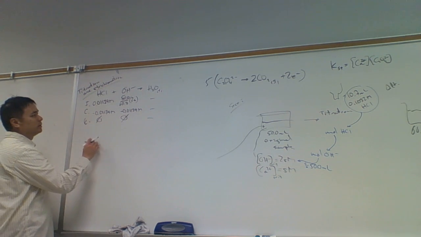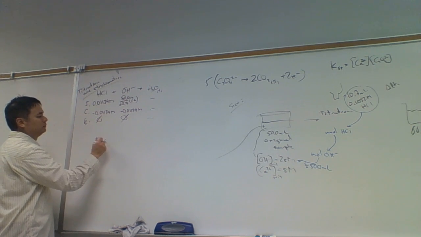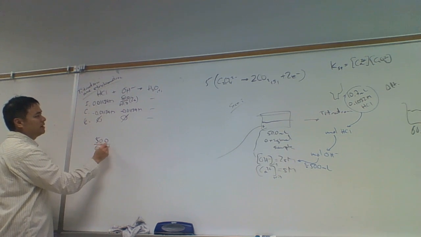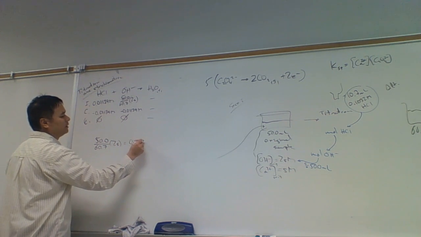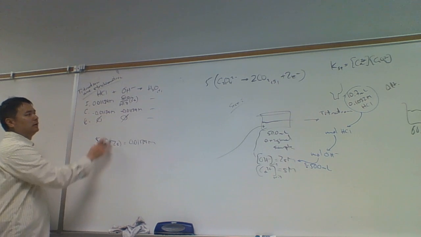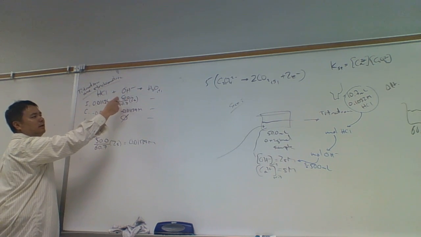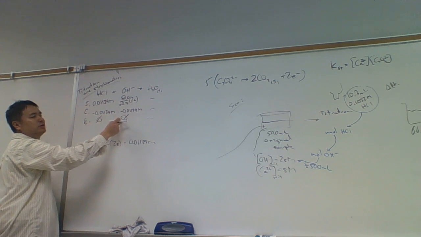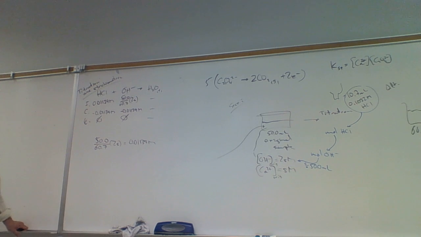In other words, 50.0 divided by 60.7 times 2S must equal 0.01139 molar, because we're subtracting that and it's got to equal 0. We start off with 0.01139 minus 0.01139, and we end up with 0.